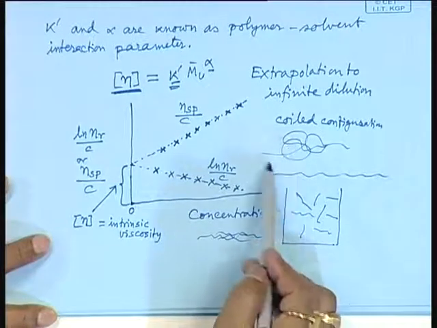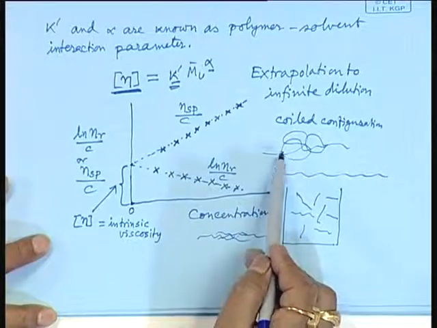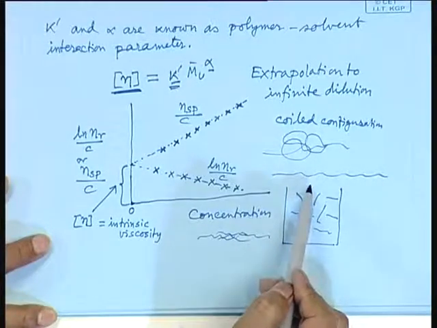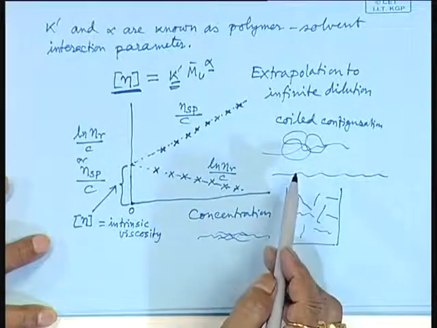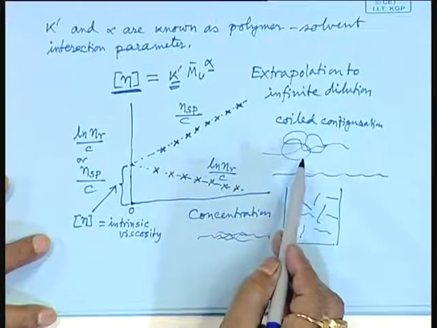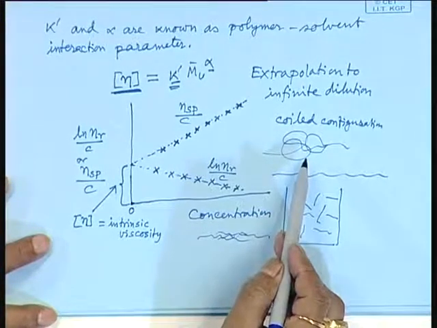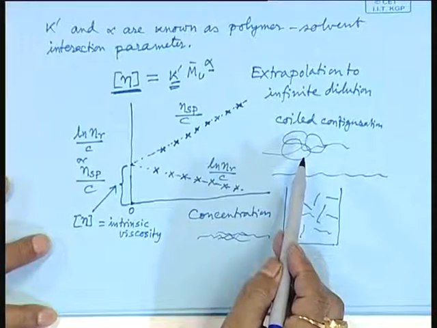If it remains in a coiled, curled configuration, can we get accurate data? No, it will give you misleading results of molecular size.